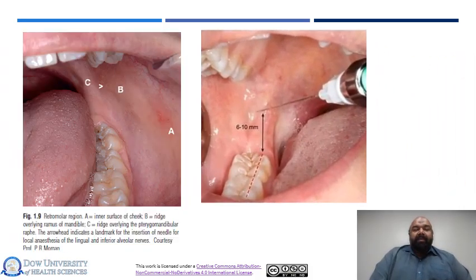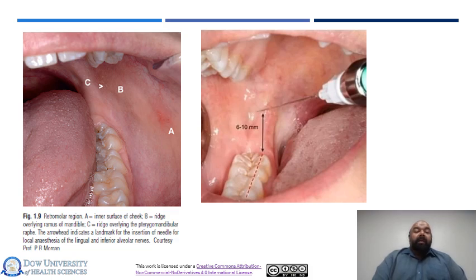Now, just a brief anatomy of the oral cavity. This shows the tongue, and these are the posterior mandibular teeth. If you go posteriorly, we have a space here, and this area of soft tissue is known as the pterygomandibular raphe, and this is of clinical significance. Why?